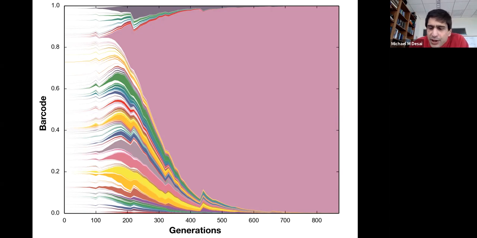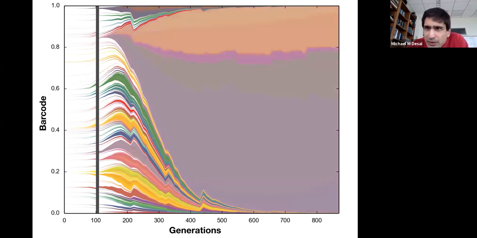But at generation 100, we've added an additional barcode, which subdivides all these lineages. At that point, this pink lineage was pretty small, so it got subdivided into a dozen or so sublineages, which later collectively sweep through the population, but individually are subsets of this lineage.